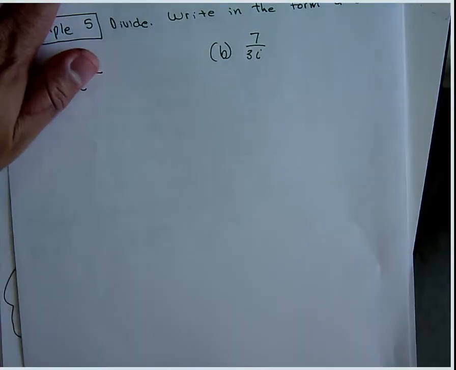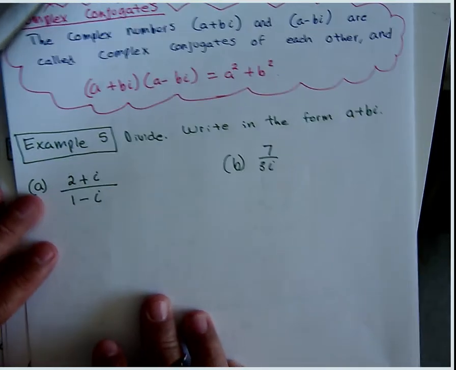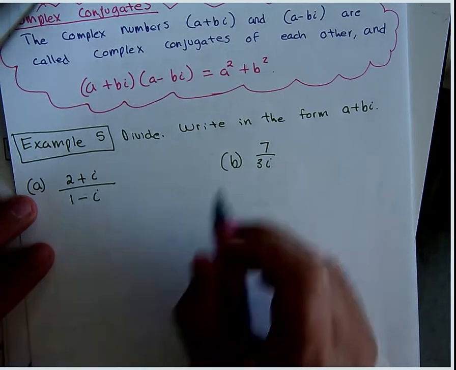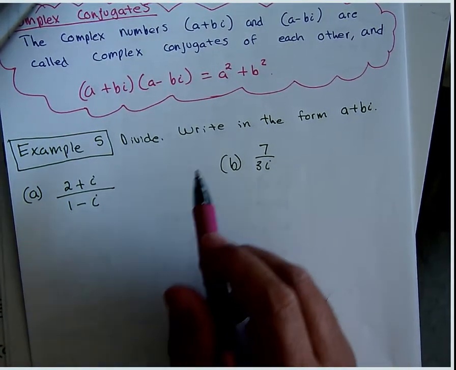Okay, example 5. Divide, write in the form a plus bi.